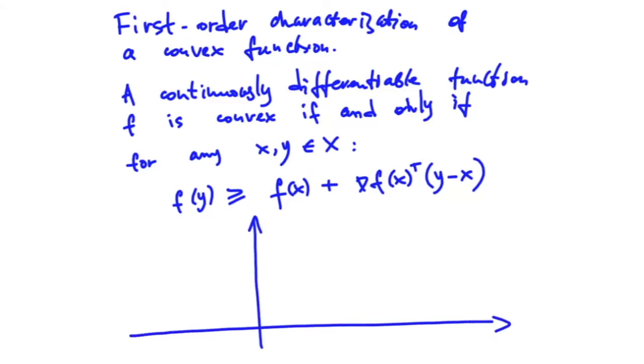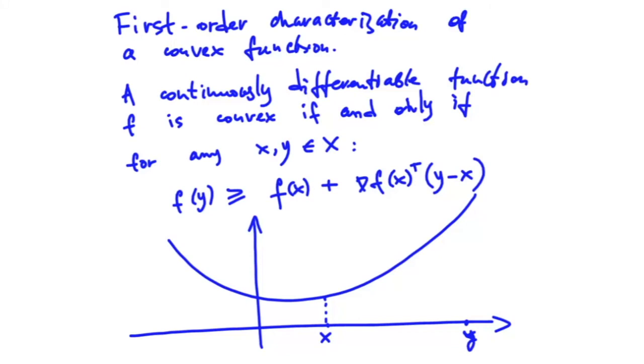Let's look at the convex function. So this is our point x and this is our point y. This is a one-dimensional case, and the gradient in the one-dimensional case is just the first order derivative. Geometrically, this means the slope of the tangent line for f at the point x.